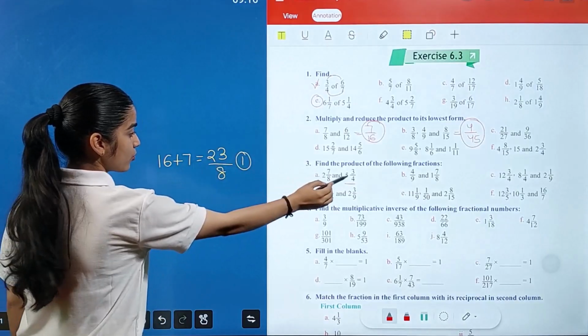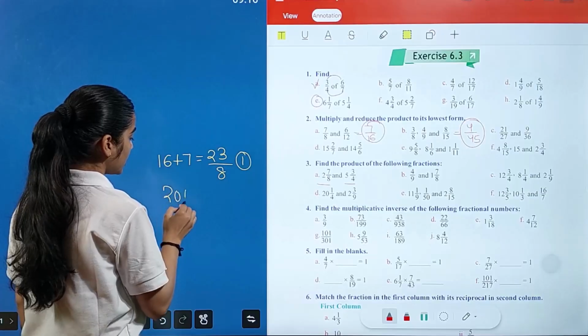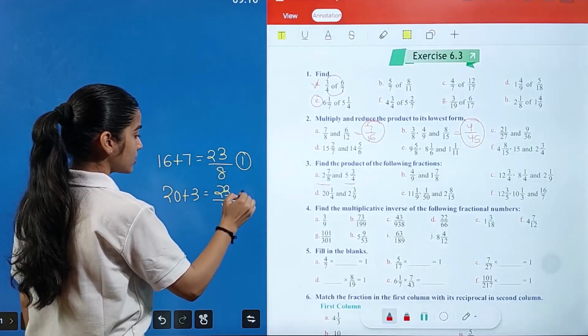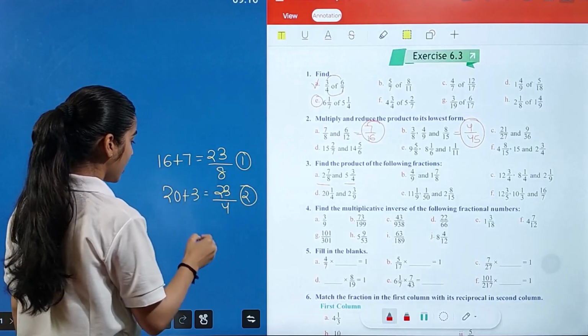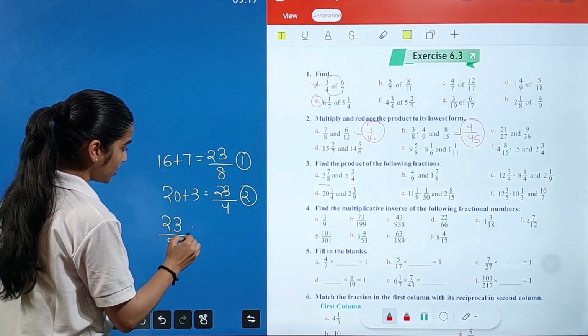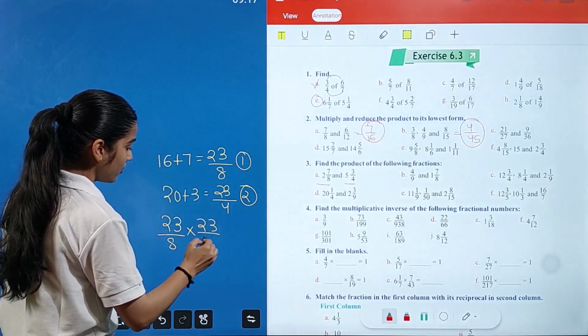Now 5 4s are 20. 20 plus 3, 23 upon 4. This is your second fraction. Now you have to multiply these fractions together. 23 upon 8 multiply 23 upon 4.